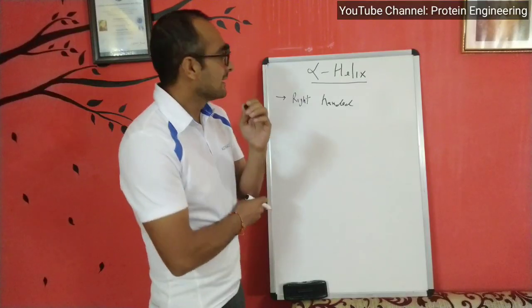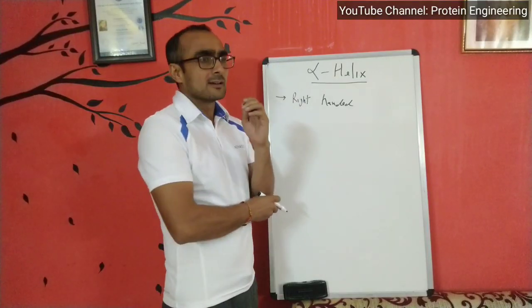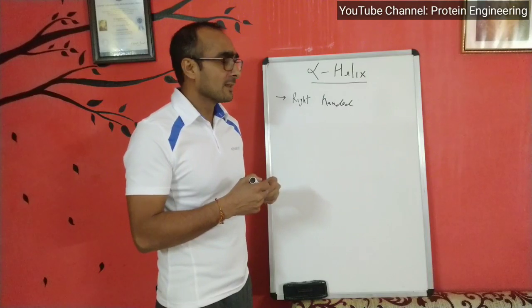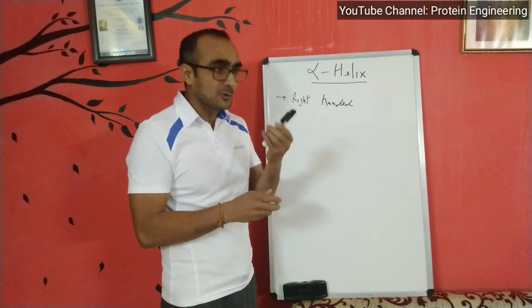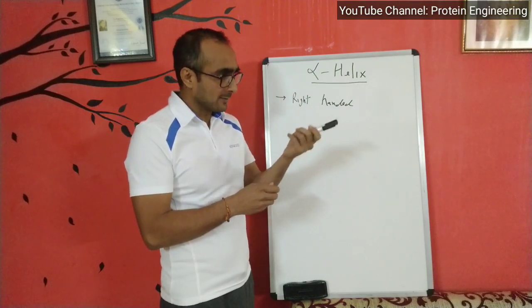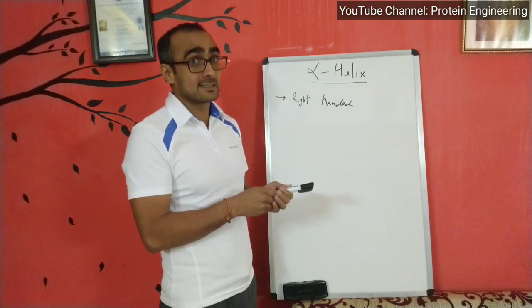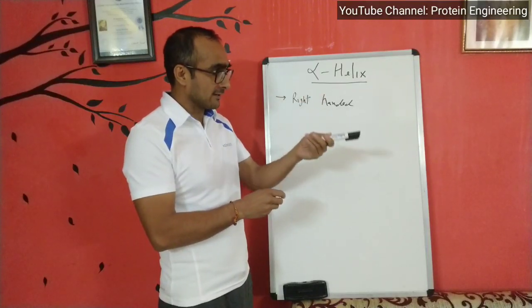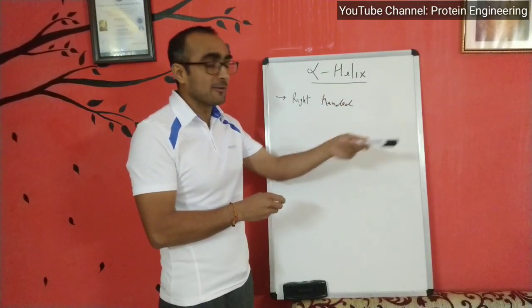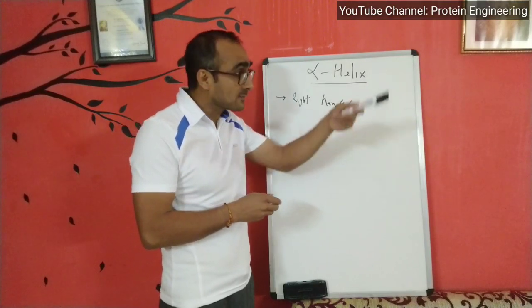This alpha helix is right-handed in nature. Right-handed means if you look at the helix going away from you, the path followed is clockwise, like a spring going away from the viewer in a clockwise manner.